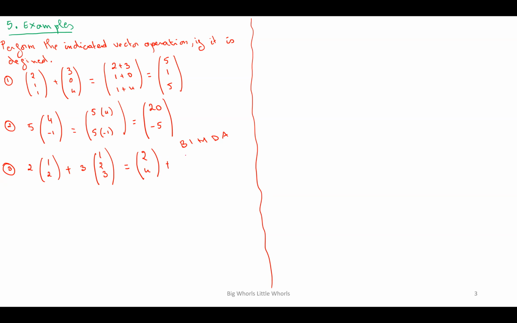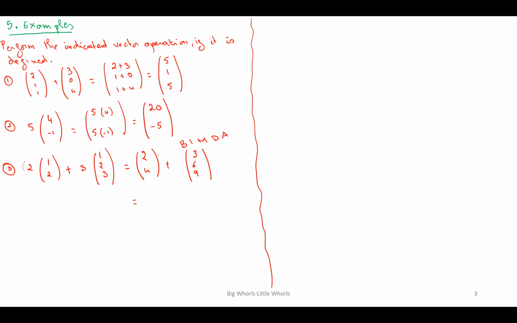Here we have to follow the same law of operations. That means we need to do the multiplications before the addition, so we do the scalar multiplication before the vector addition. For the second vector, 3 times (1, 2, 3) is (3, 6, 9).